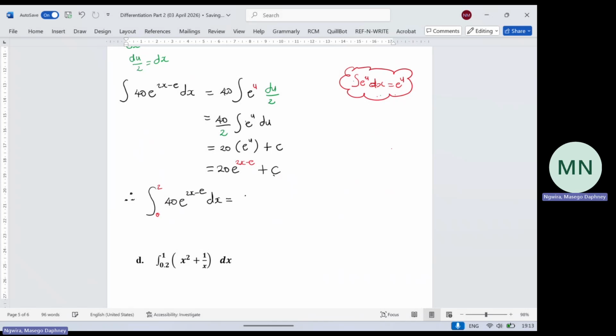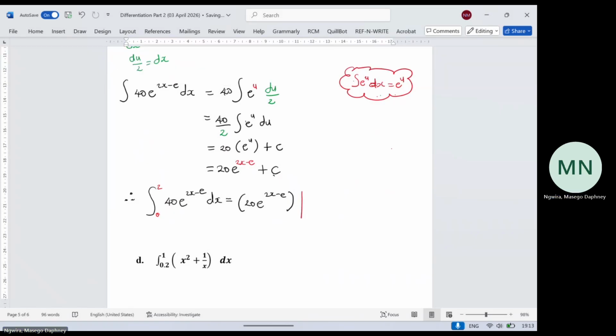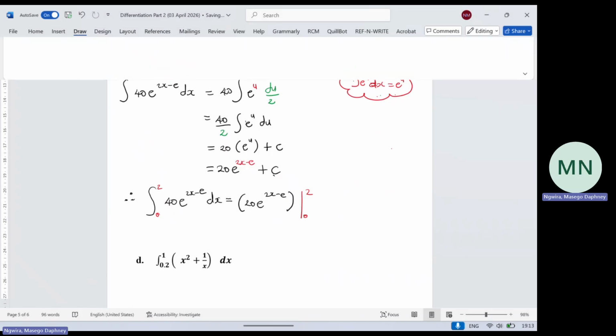So this will be, I'm going to put my answer in brackets. This 20, then I put the 2x minus e, and then we put the limits from 0 to 2. Okay, now we can substitute and get our value.